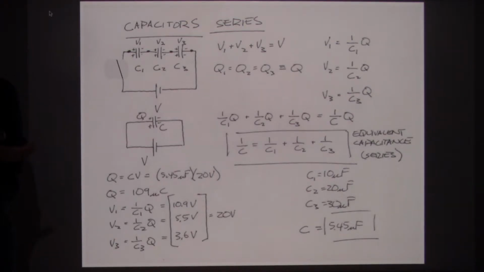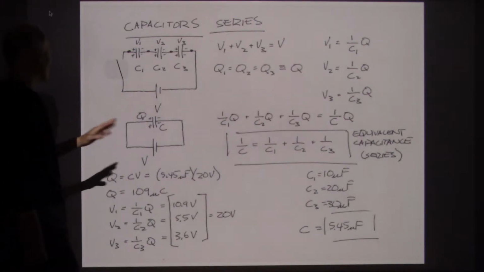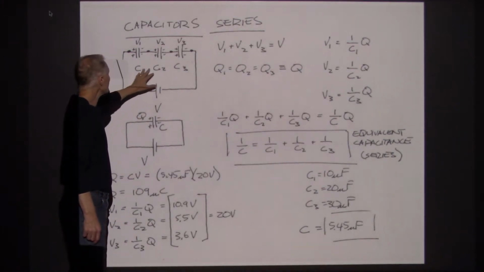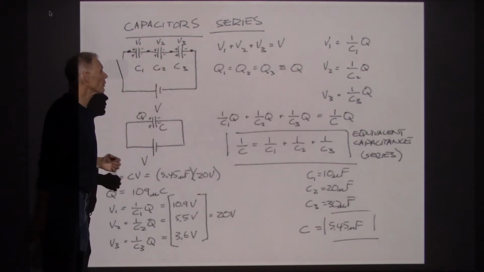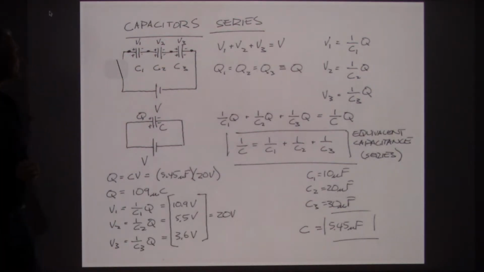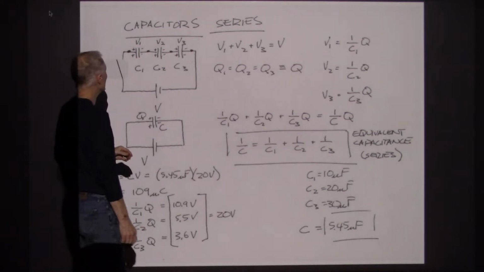So we're going to say that initially the capacitors were not charged at all, started from 0, and then each of them charge together. They're all going to end up with the same amount of charge. They all charge together.